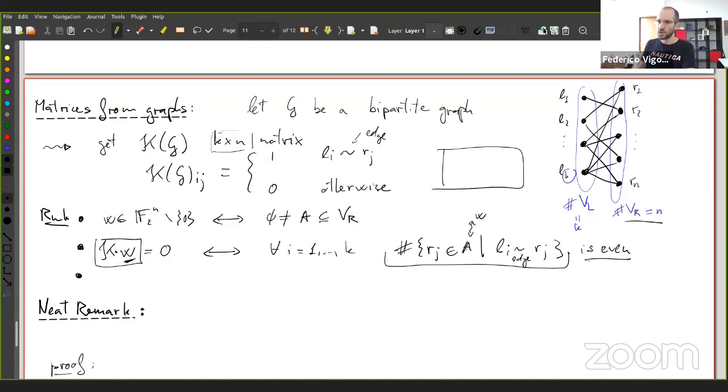These codes are called low density parity checks because doing the matrix multiplication in this setting is just checking the parity of some set of vertices on the right.